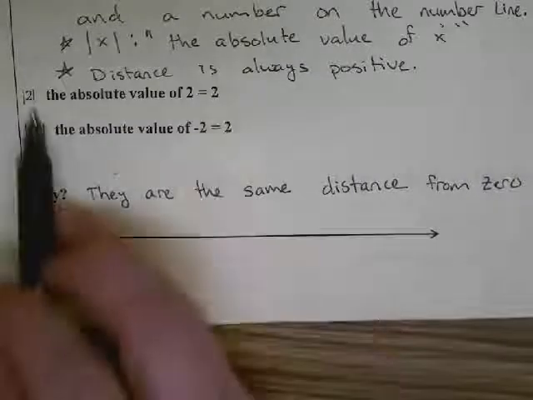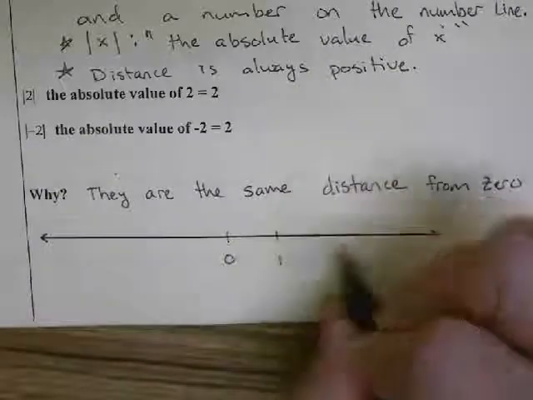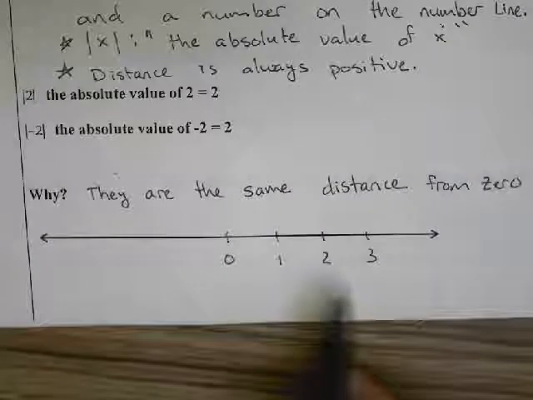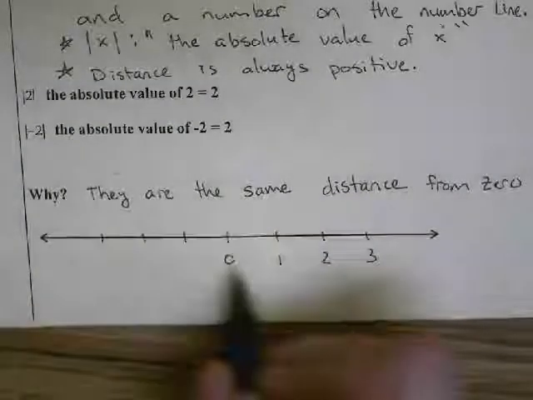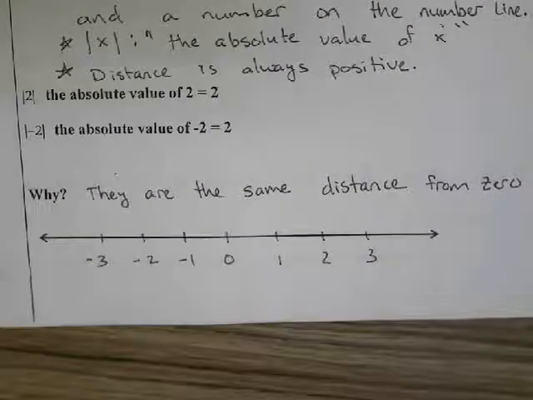So if I write in my 2 and my negative 2 on my number line, 0, 1, 2, 3, always starting in the middle, I went up 3 to the right. If I'm going to the left, I'll start with negative 1 and go to the left. Negative 1, negative 2, negative 3.